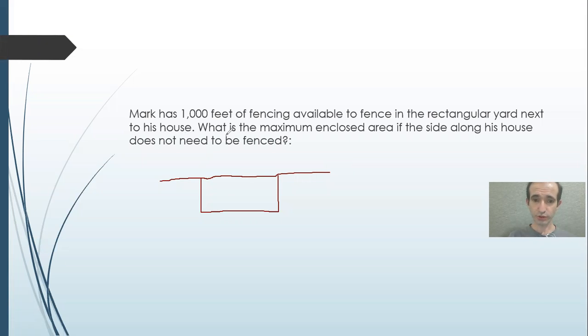In this case, how can you solve this kind of problem? Let's think about the situation in this way: to get the maximum enclosed area, we use this material, 1,000 feet of fence available. All right, let's move on.